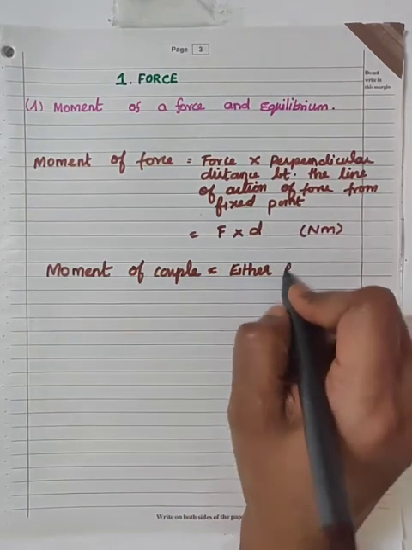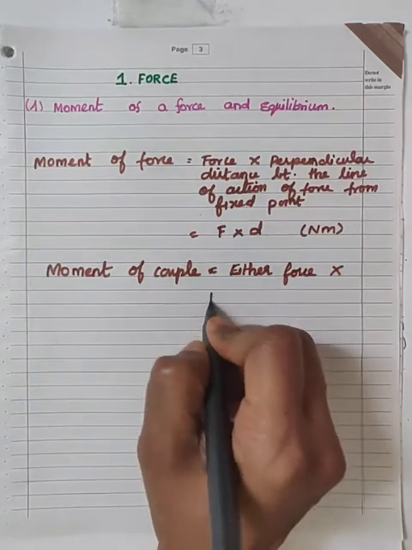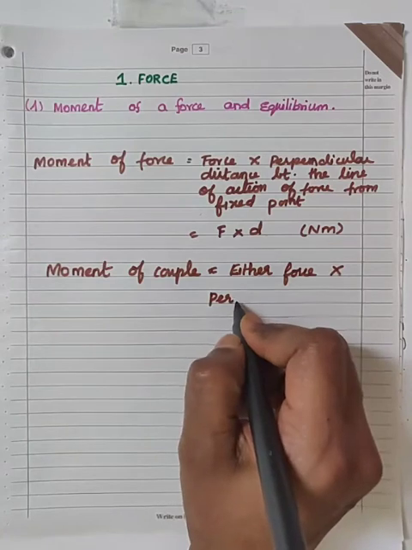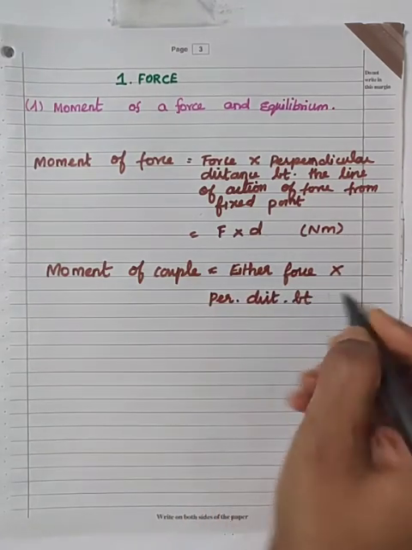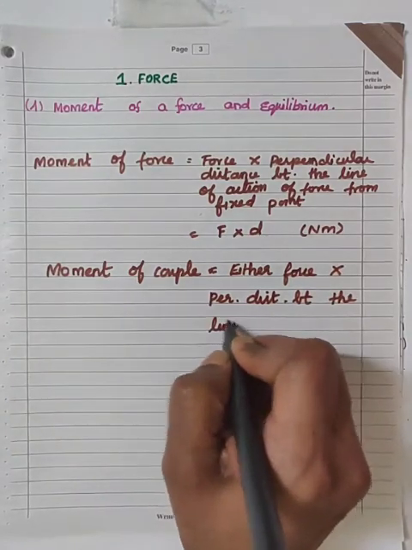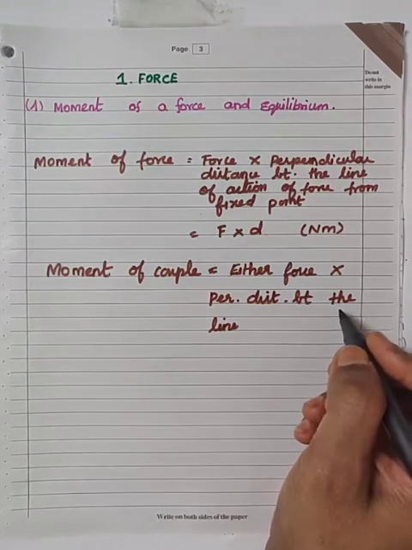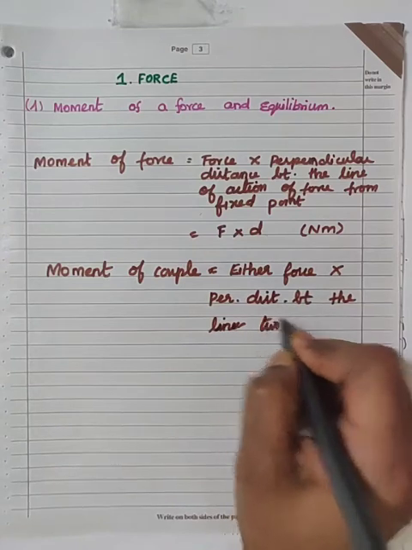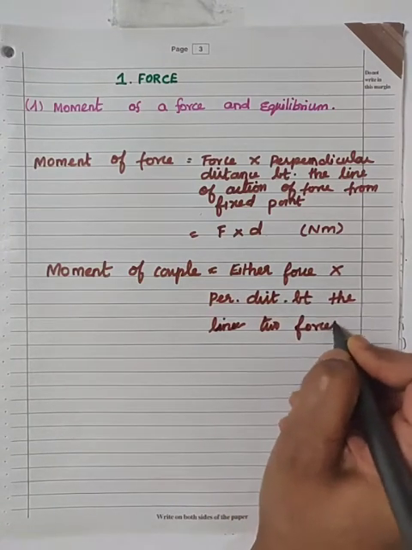So it is either force multiplied by the perpendicular distance between the line of action of the two forces.